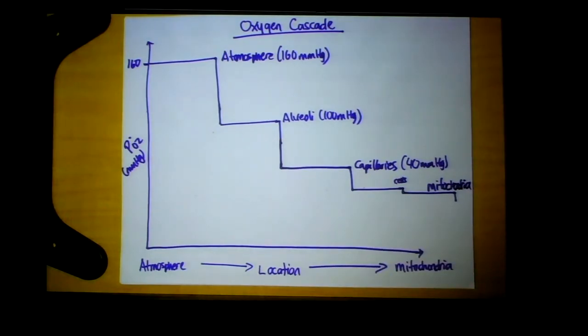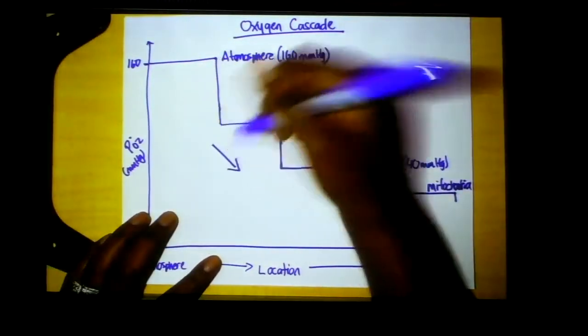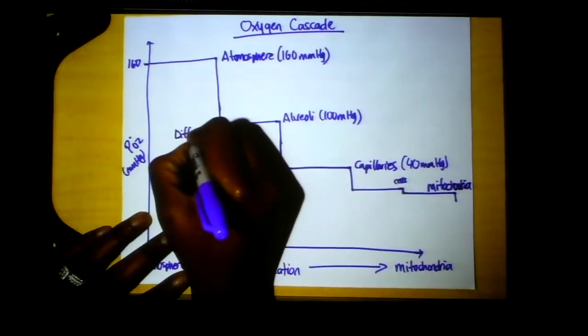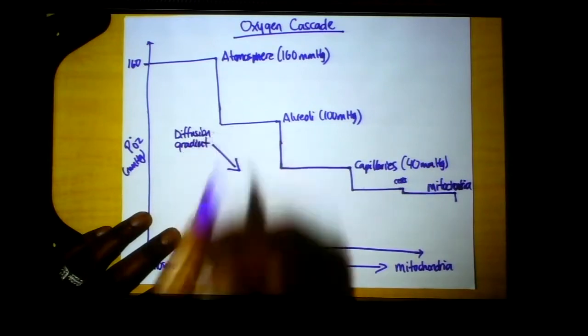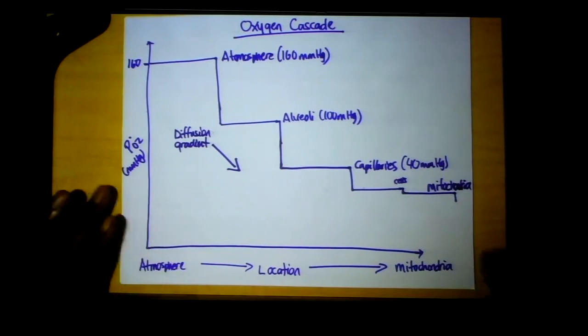Okay? And so what we can see here is that the direction of flow is in this way, right? So the diffusion gradient takes place from the atmosphere down into the mitochondria, okay?